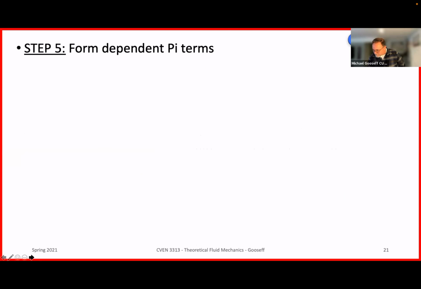Okay. So step 5, we need to form our independent pi terms. Okay, so how does this work? Pi 1 is equal to, now what we're going to do is take delta PL, the thing that we're looking for, right? The thing we're looking for on the left-hand side of the original equation we wrote, and we're going to multiply it by D to the A power, V to the B power, rho to the C power, and our goal is to get all of the dimensions to work out across these terms to end up being F to the 0, L to the 0, T to the 0.